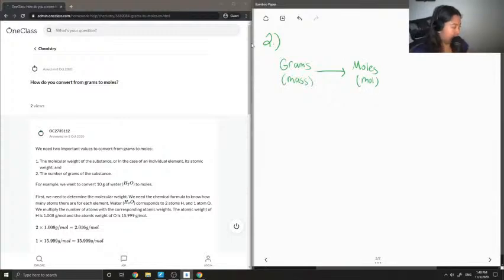And basically, to convert grams to moles, you would use the equation n equals mass over molar mass. So number of moles is equal to mass in grams divided by molar mass, and its units are in grams per mole.